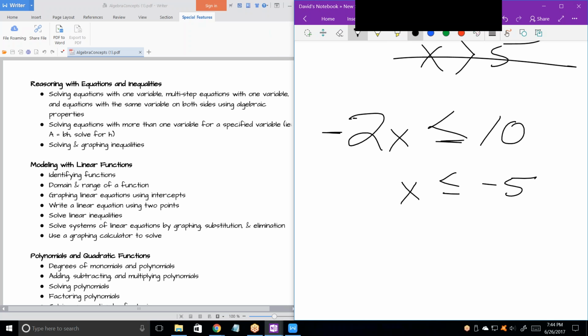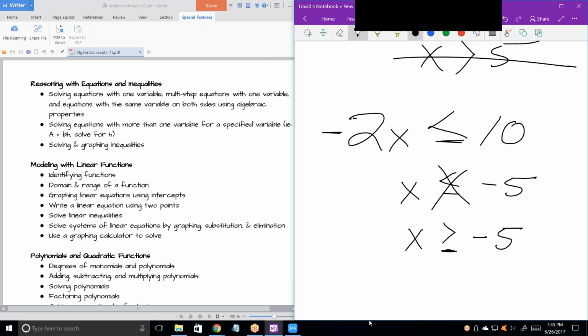Everything was done perfectly except for one thing. When you're dealing with an inequality and you have to divide or multiply both sides by a negative number, you have to change the direction of the inequality. This is not correct. I got to turn it the other way. That's just the rule.